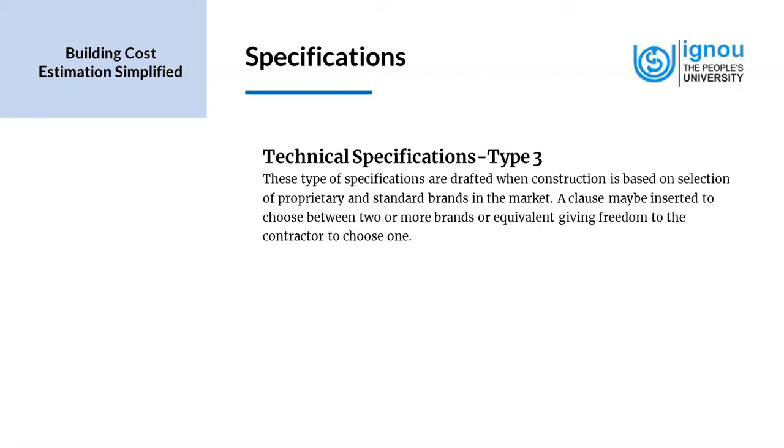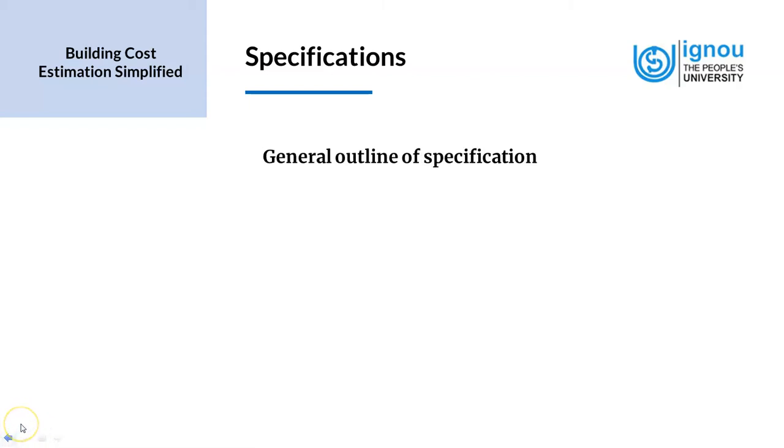irrelevant information. Now let's look at the general outline of specification. The general outline that a specification would follow would be, first of all, we would give a general description.